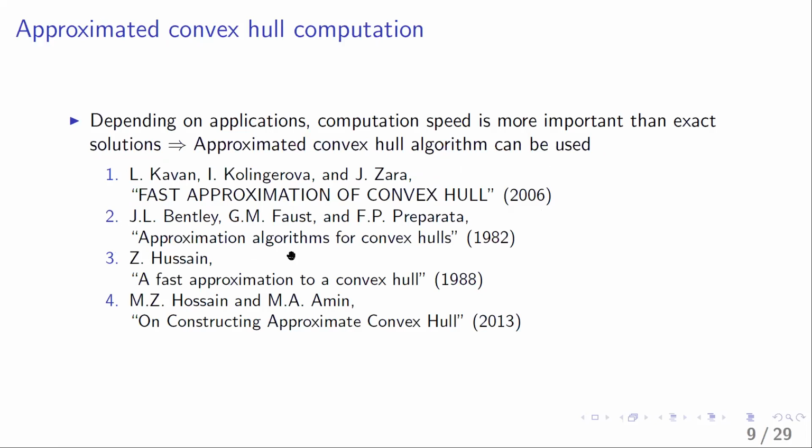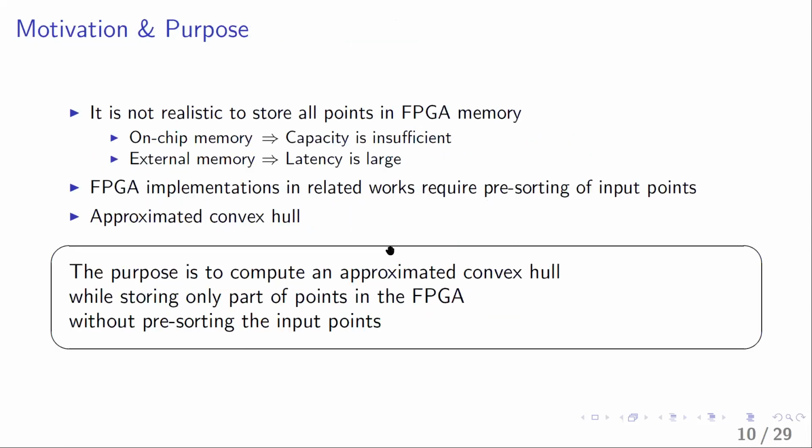In this work, we propose a method to compute the approximated convex hull while storing only parts of the points in the FPGA, and implemented and evaluated it. That is a summary of the purpose of this work.